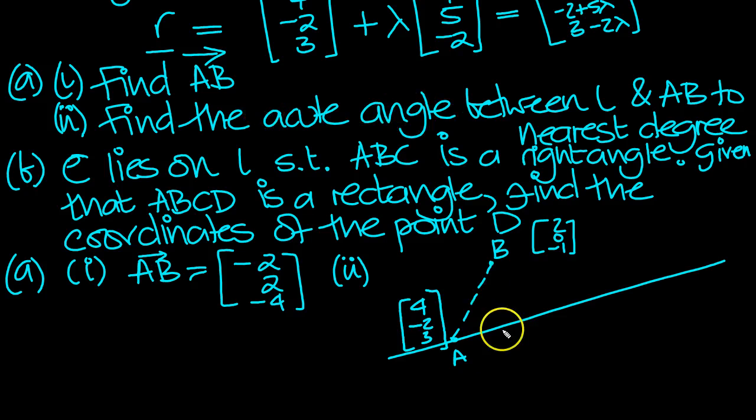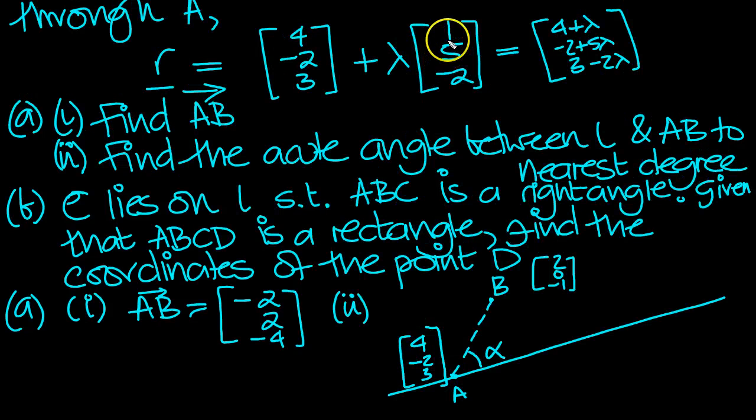So find the acute angle between the line L and the line AB. The direction of the line L is this vector here, 1, 5, -2.